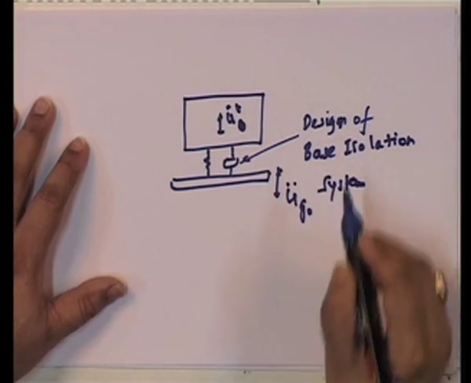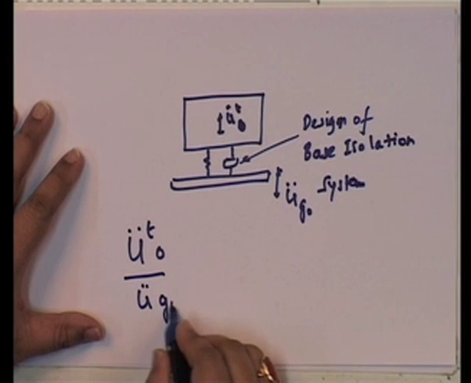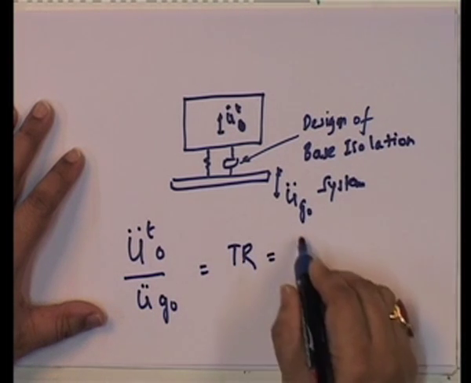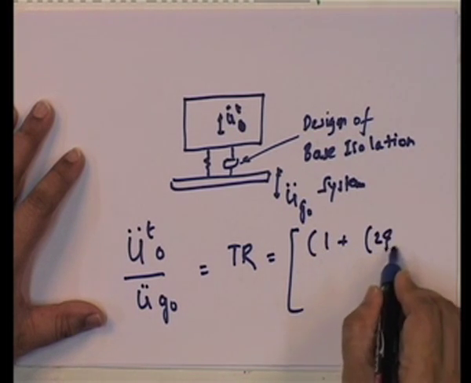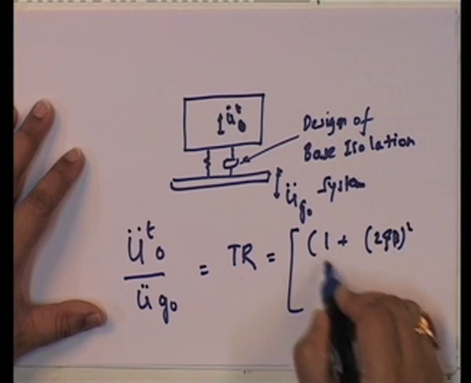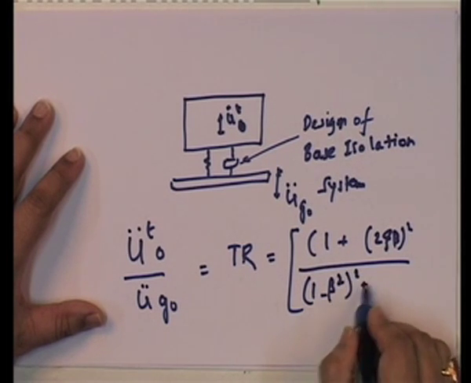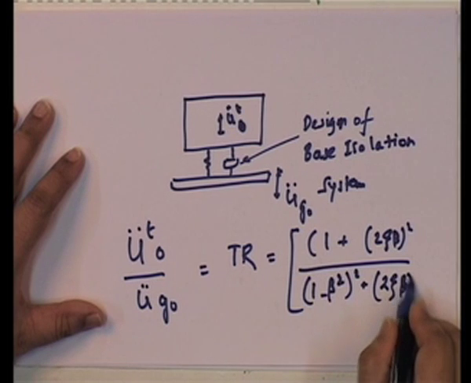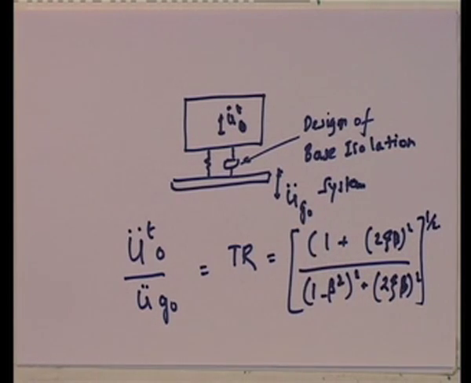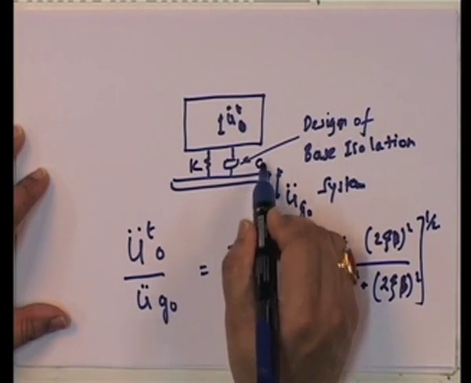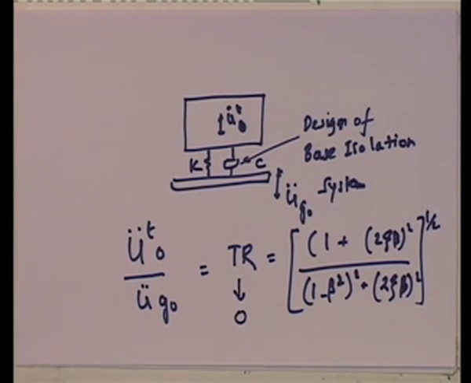So, this is a base isolation problem, and essentially what we are saying is this is the same as the transmissibility ratio, which is 1 plus 2 xi beta upon 1 minus beta squared plus 2 xi beta the whole squared under square root. So, this is the design of the base isolation. So, I have to design K and C such that the transmissibility ratio tends to 0. That is my design problem.